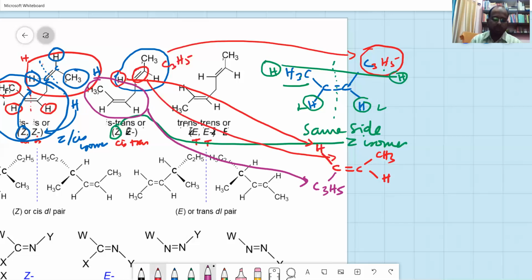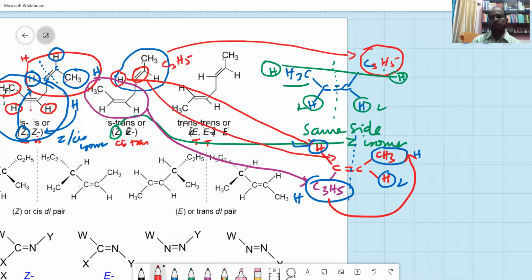Okay. Now it is your job to decide what is where. So you draw a line across and you'll see that high priority is here, low priority is here. Low priority is here, high priority is here. High and high opposite.